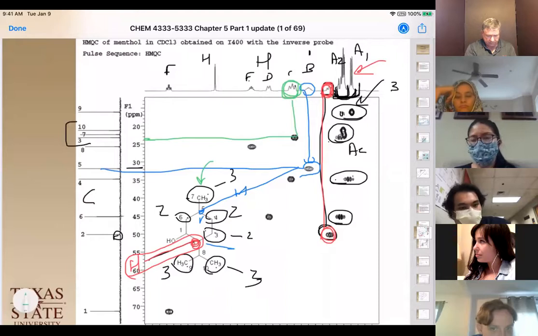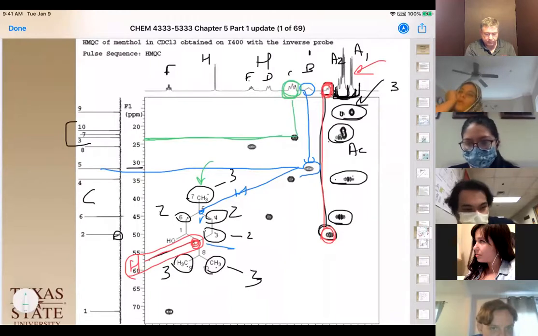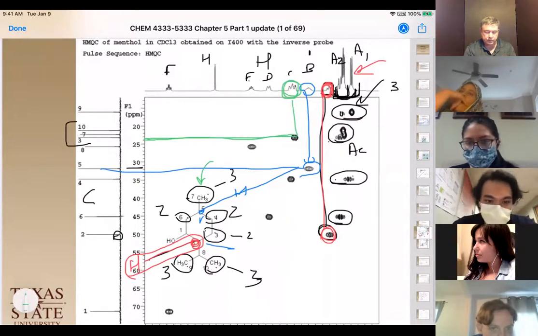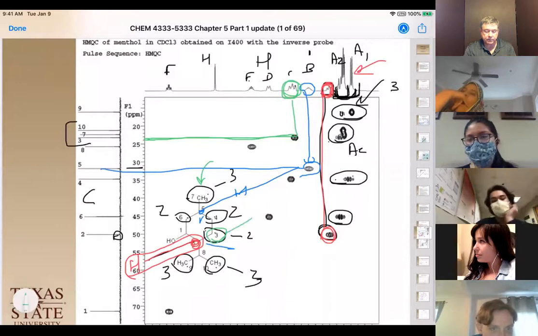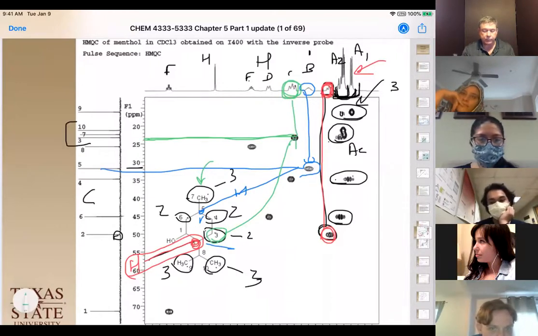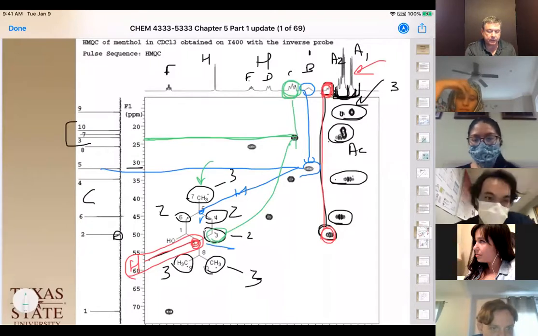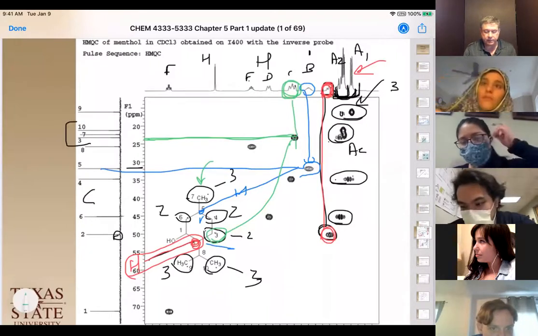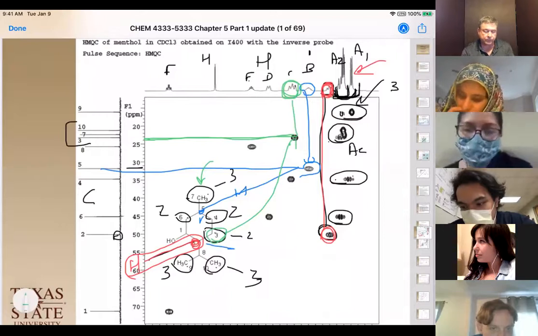That's 7, 3, 7, 2. Well, maybe that's 3. Yeah, maybe this is 3 then. So maybe this is these 2 protons here. I don't know, I'd have to get a ruler out and draw lines all the way across straight to make sure. It's either 3 or 7, one of those 2.